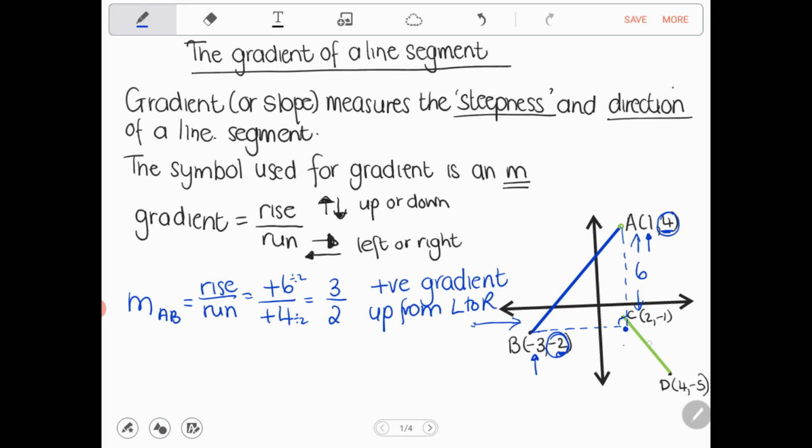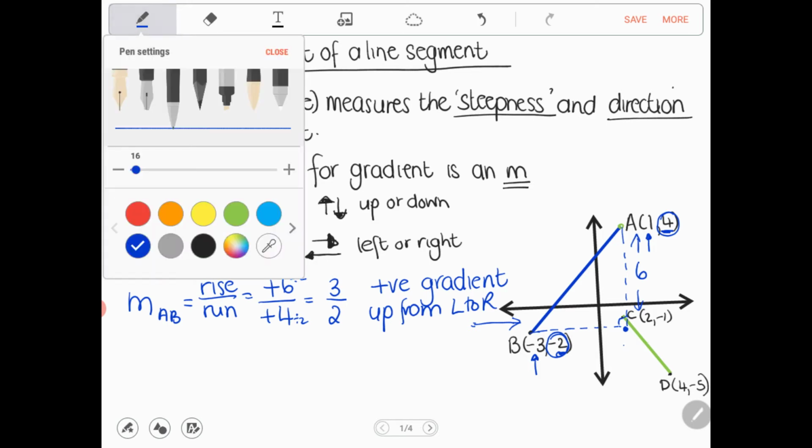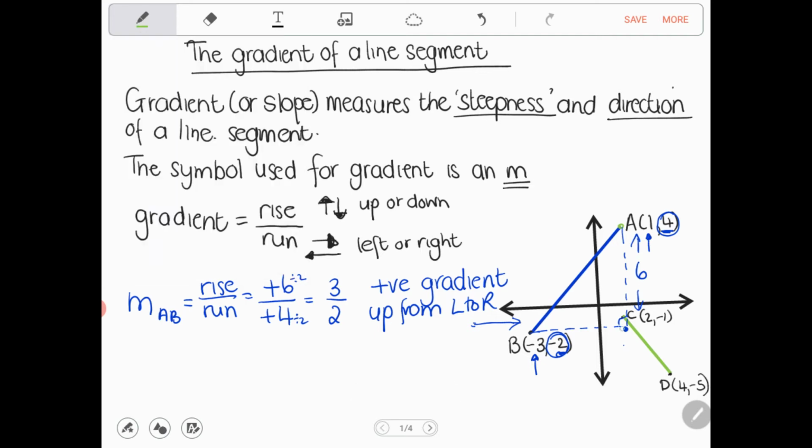Okay, let's quickly look at the little green line there. All right, so I need to look at my rise, that's this one here, and then my run, which is this one here. Okay, so the gradient of CD.